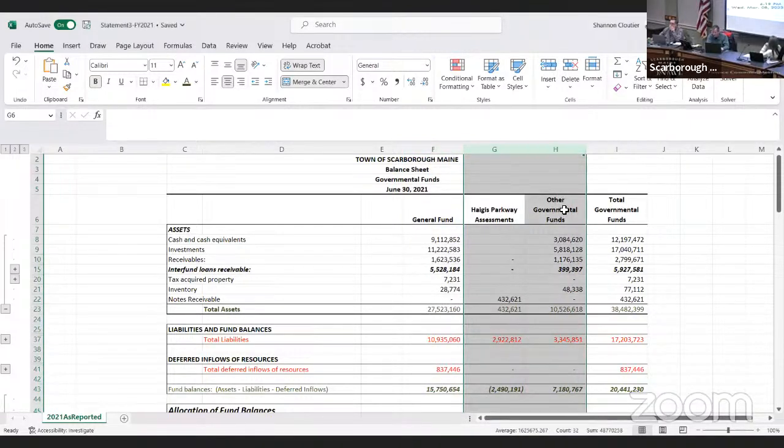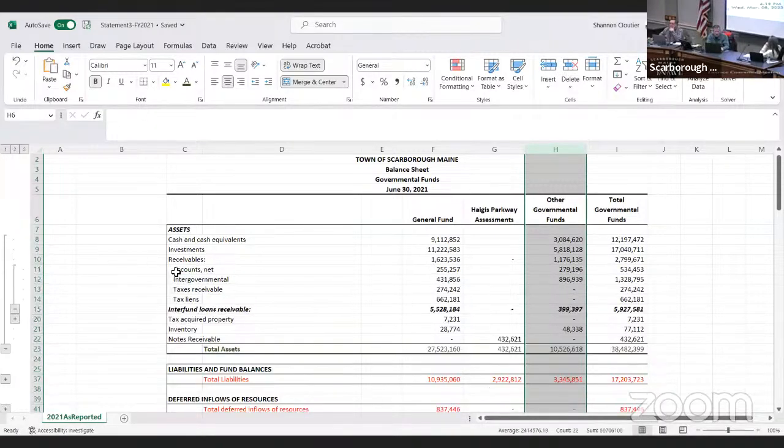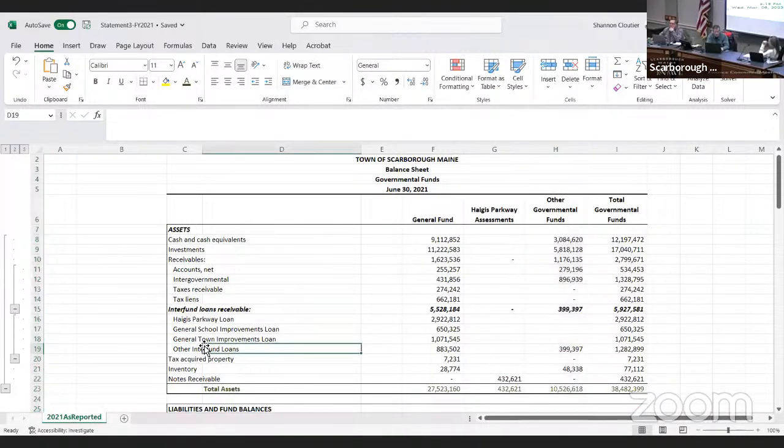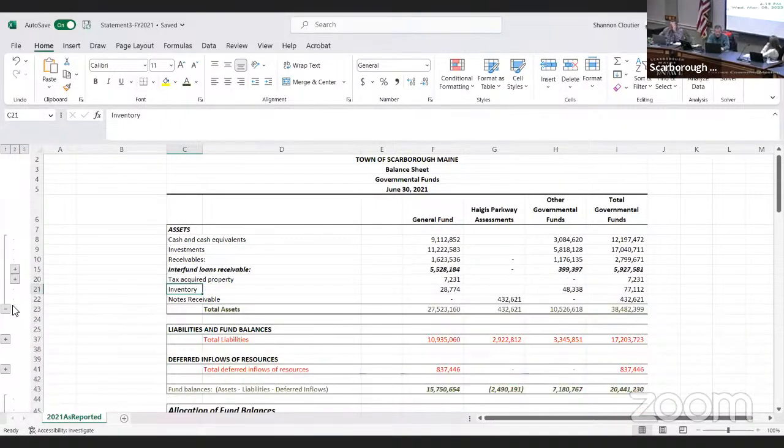One's the Higas Parkway, and then the other governmental funds, there's a whole bunch of them that just all consolidate down into that column. If I look down into the interfund loans payable, these are things like the Higas Parkway. And we also had some receivables set up for school and town improvements. So those are assets.